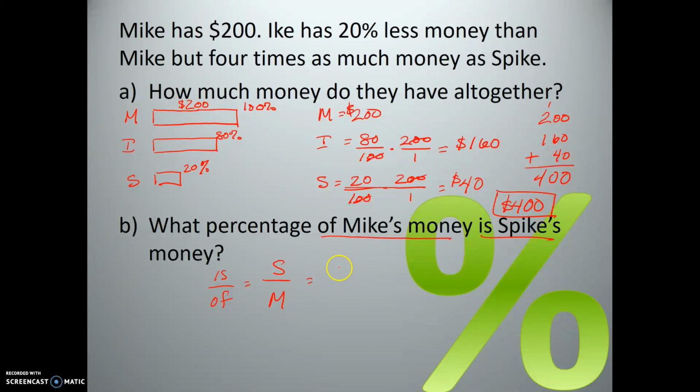So if Spike has $40 and Mike has $200, and if we use method 1 to convert that to a percent, we get 20 over 100, which equals 20%. So Spike's money is 20% of Mike's money.